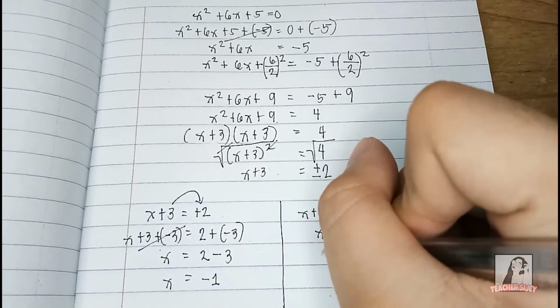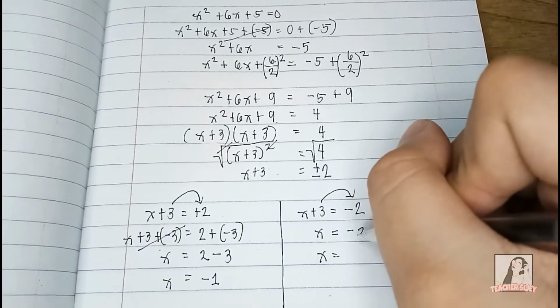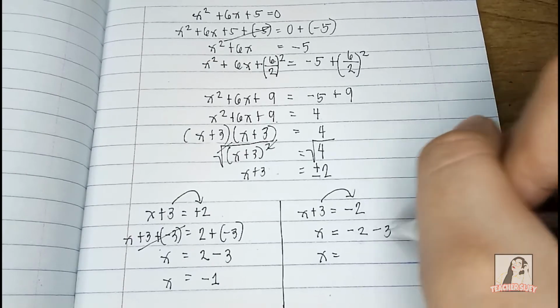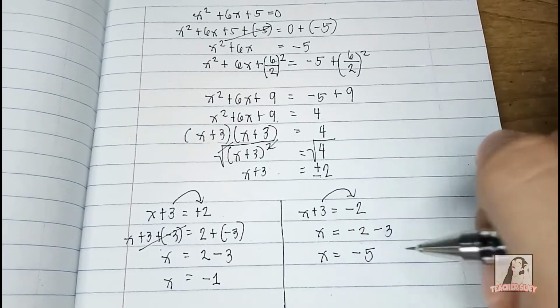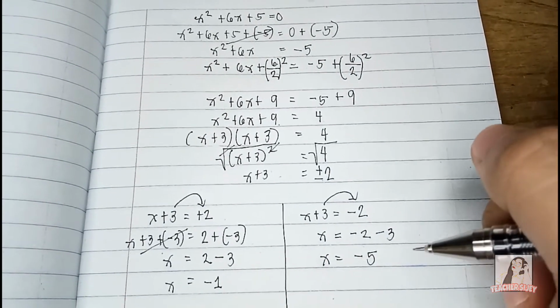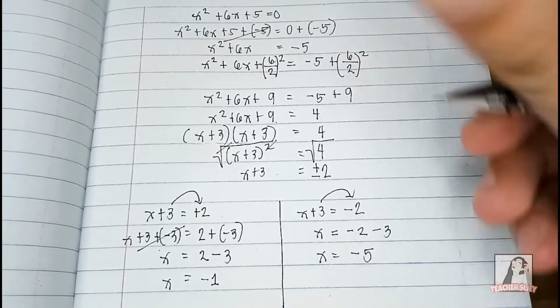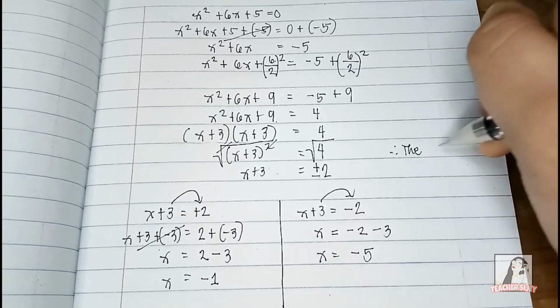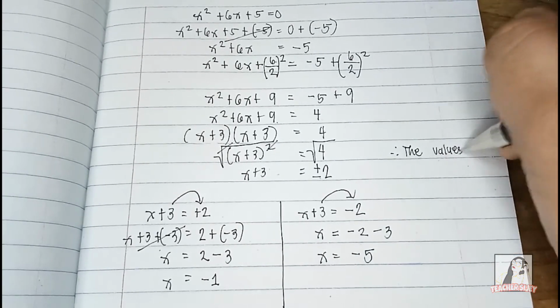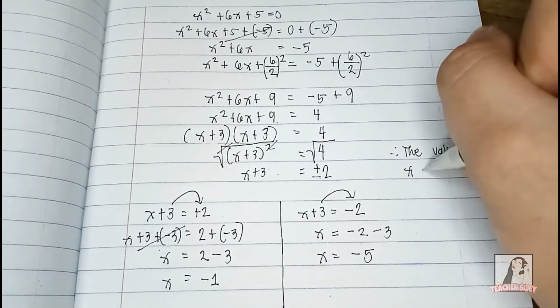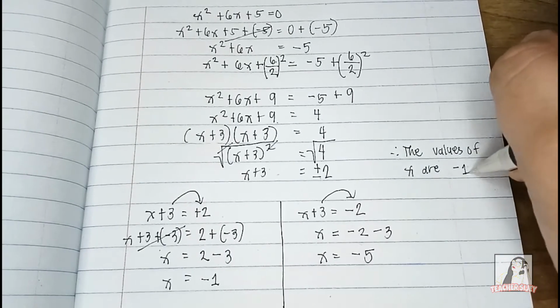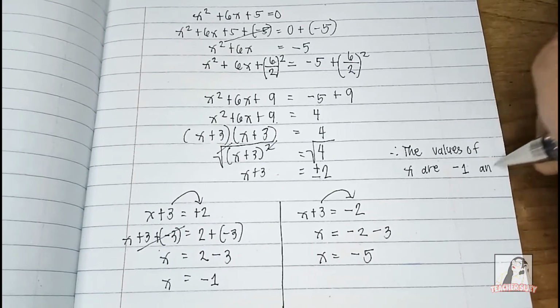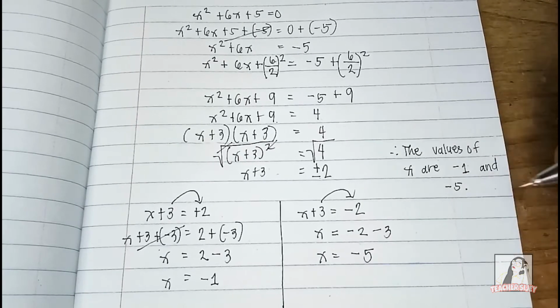So our answer here is x equals negative 2 minus 3, which equals negative 5. Therefore, the values of x are negative 1 and negative 5.